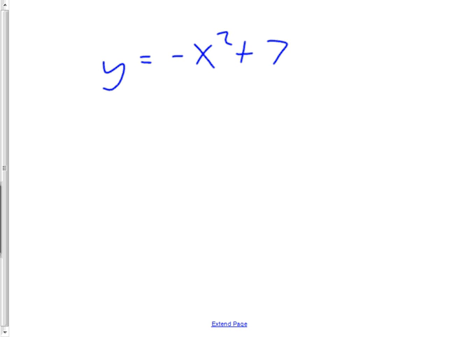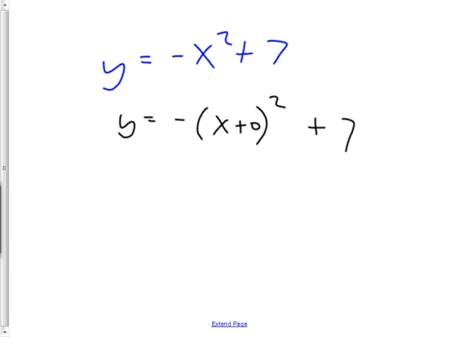I'll give you a hint. Didn't I kind of give you vertex form here, even though it looks funny? It's vertex form. All I did is throw in a +0, which doesn't really do anything, right?